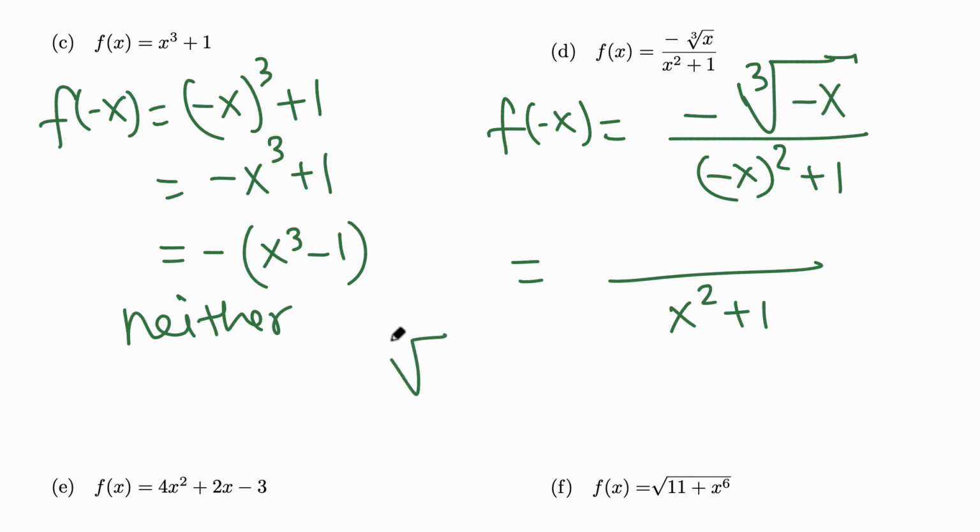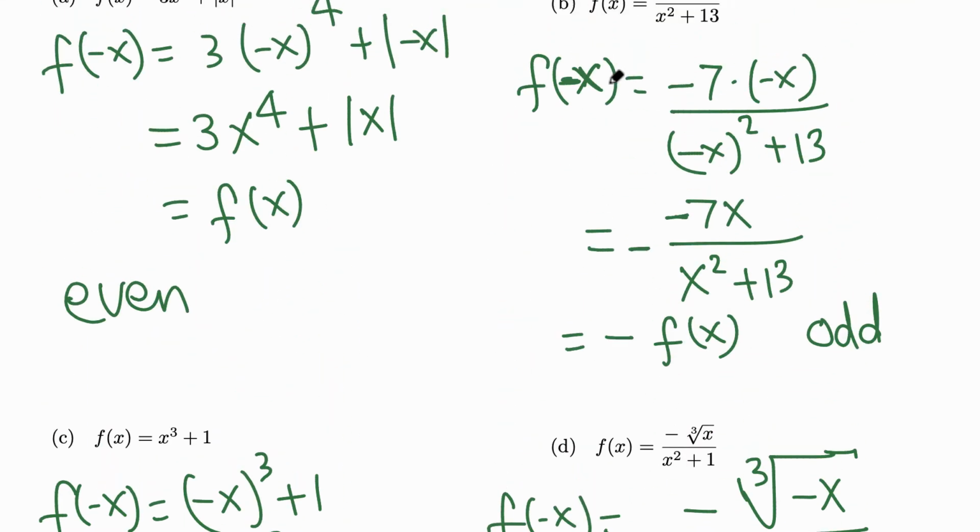So cube root of negative 1 is negative 1. So we can pull the negative all the way outside, and just to match with the original function we have cube root of x. Okay, now what does this look like? Negative of the original function. This is the original function, we get that back. So negative of f(x). So that's odd. Okay, it's like part B.